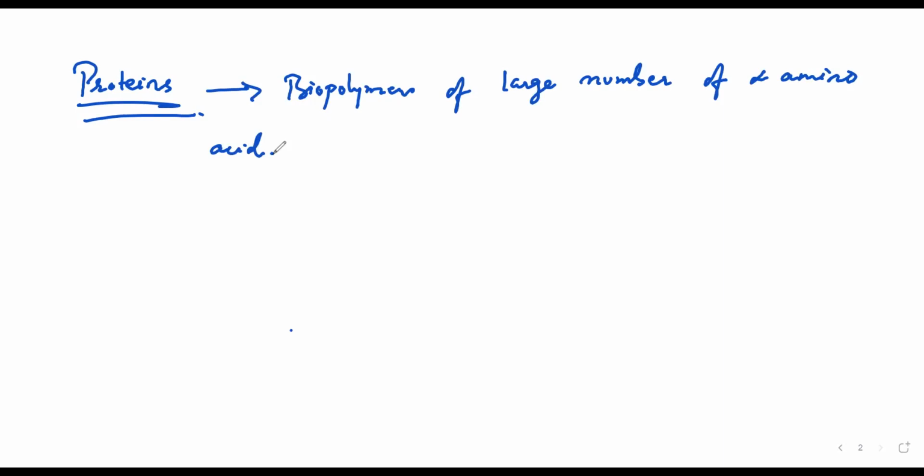For example, as we saw in the carbohydrates, they had a glycosidic linkage which joins different molecules together. In the same way, different amino acids are joined together by peptide linkage, that is CONH.